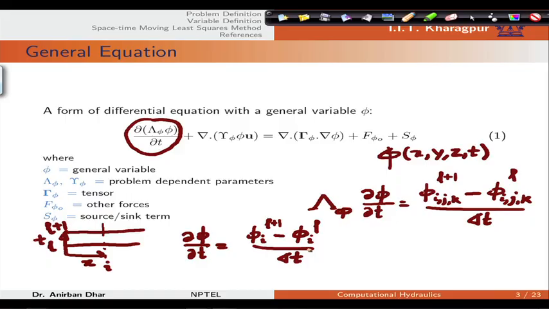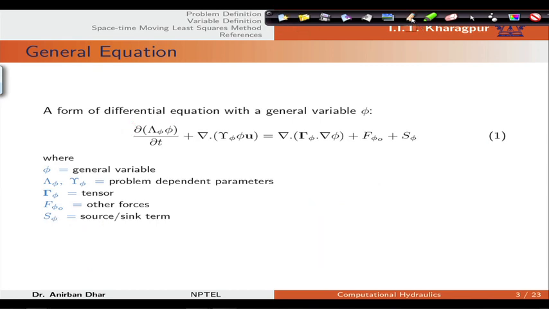Now, if we consider the 2 dimensional discretization, the same thing is repeated.